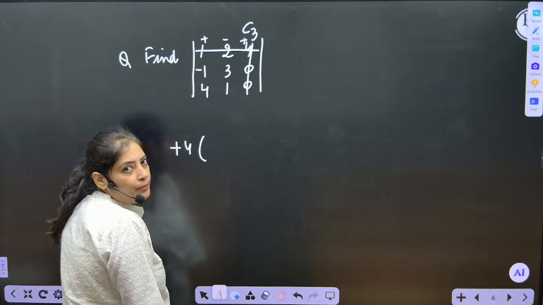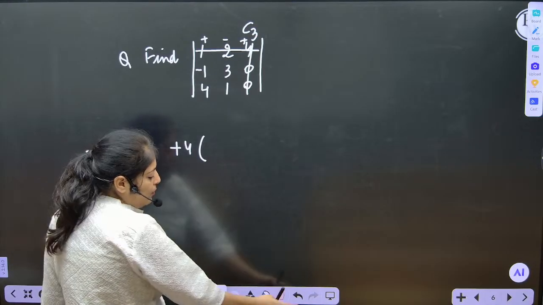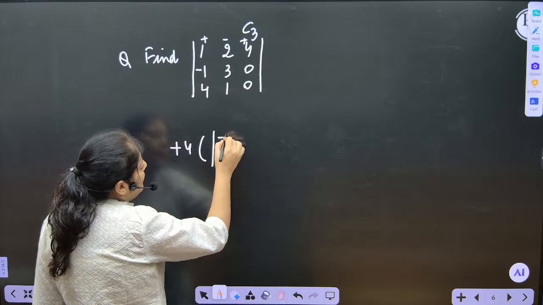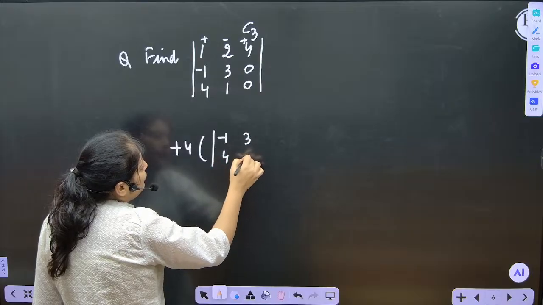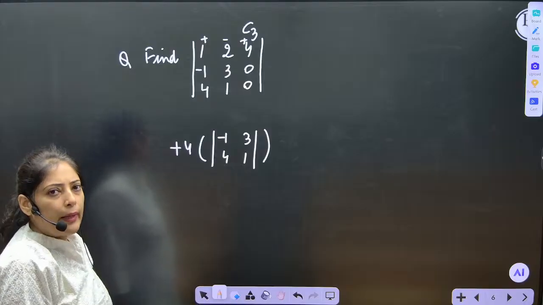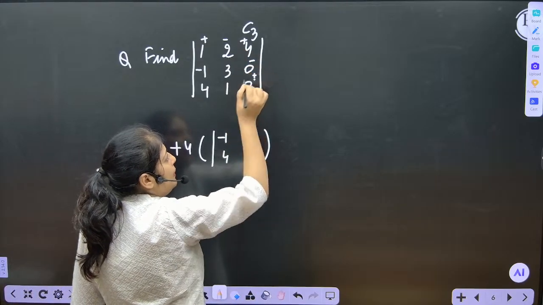Leave them. Which numbers are left? Minus 1, 3, 4 and 1. Minus 1 and 3, 4 and 1.